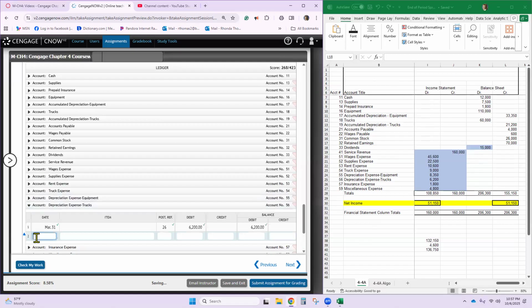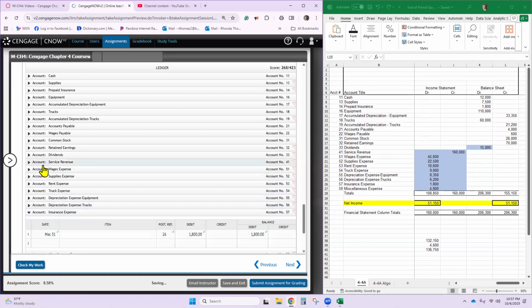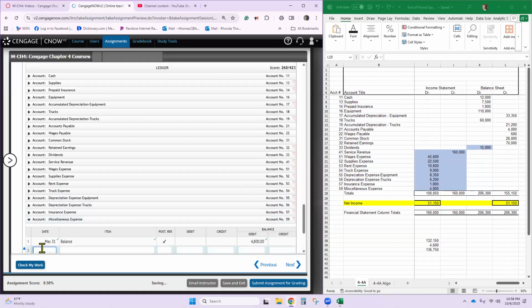Depreciation expense truck, page 27, crediting 6,200, leaving the account with 0. Close it up. Insurance expense. So we're just marching down the row here of all the expenses. 2,700, 1,800, 0. Last one is miscellaneous expense.